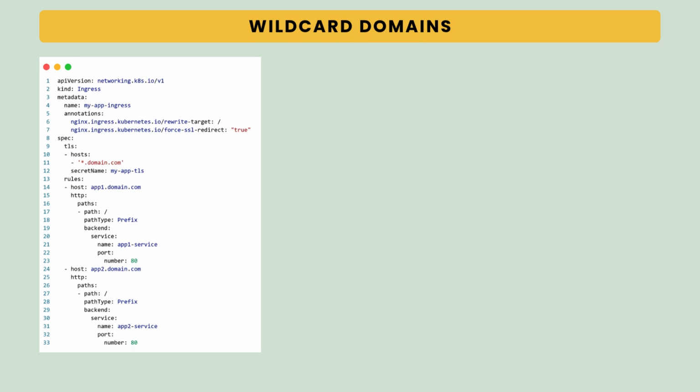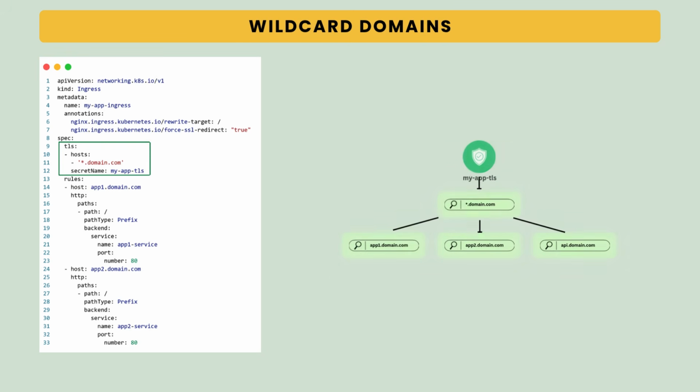Here we are updating the Ingress to use the wildcard TLS certificate. The TLS section now lists *.domain.com, which means a single TLS secret, suppose my app TLS, will secure all subdomains under domain.com.